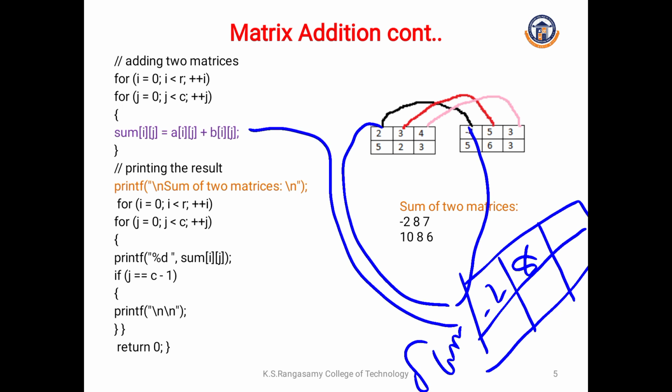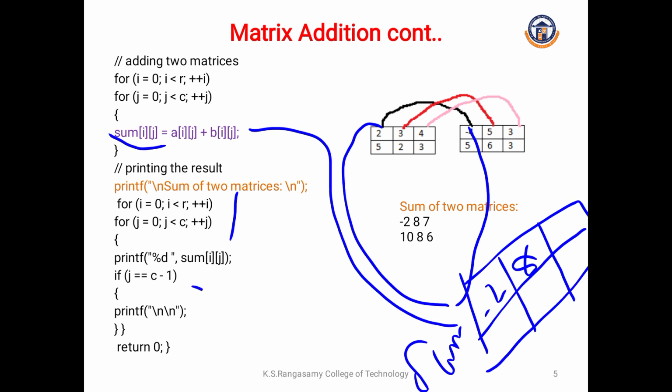So sum[i][j], where i represents the rows and j represents the columns, of the sum matrix is equal to the addition of the A matrix plus the B matrix. In order to print the result, as usual, 2 loops, and the resultant matrix was sum[i][j], so here it is also sum[i][j].